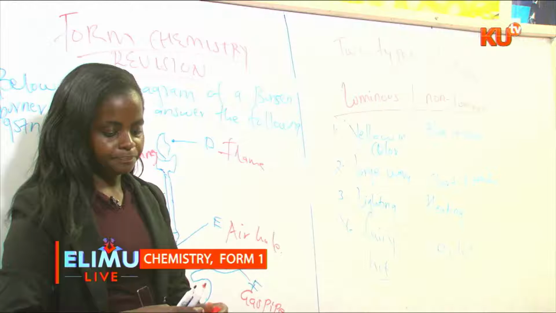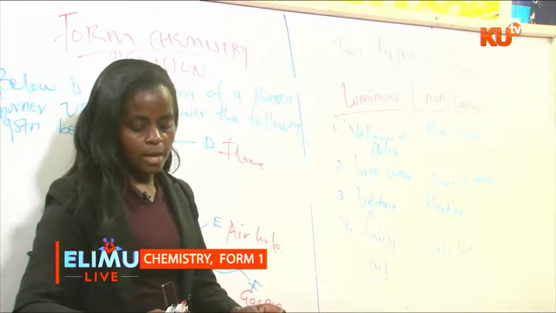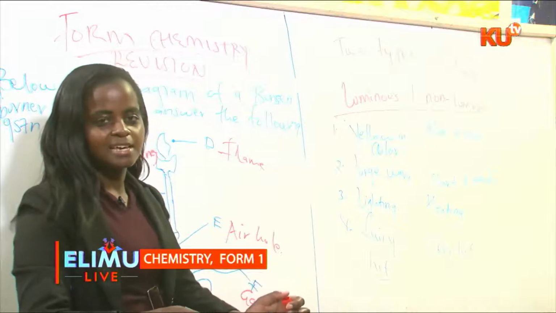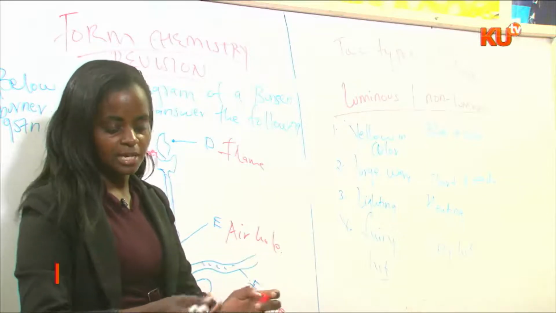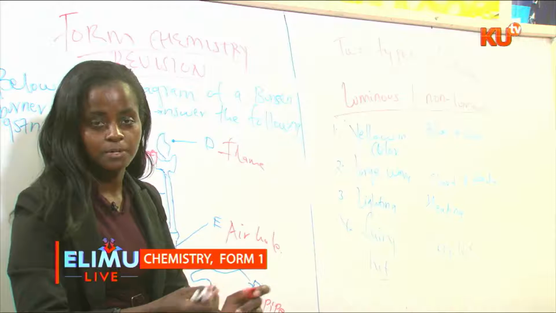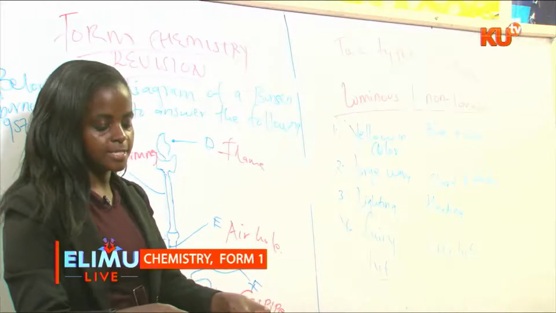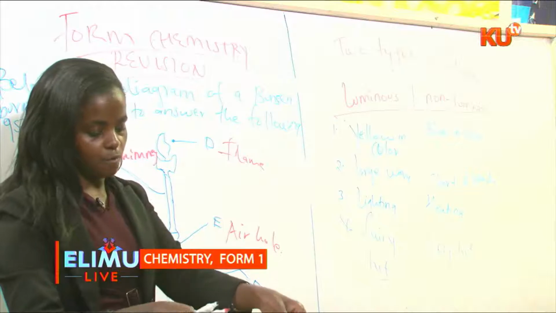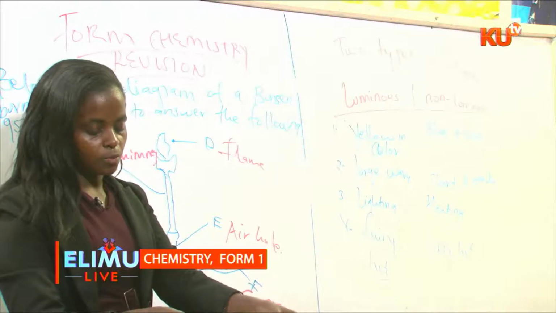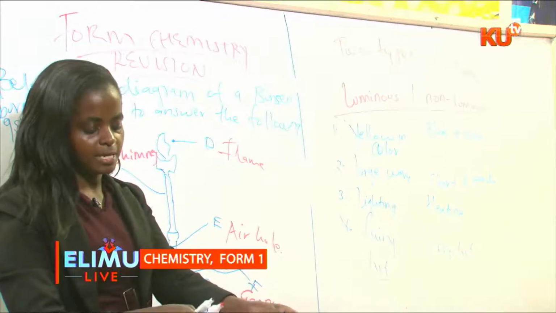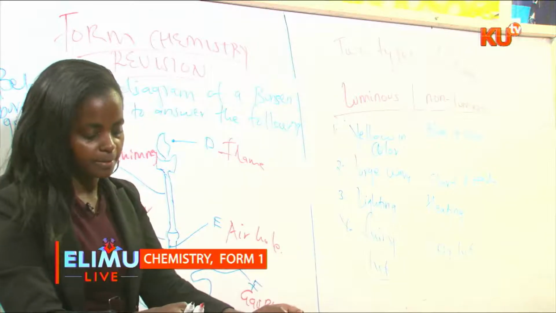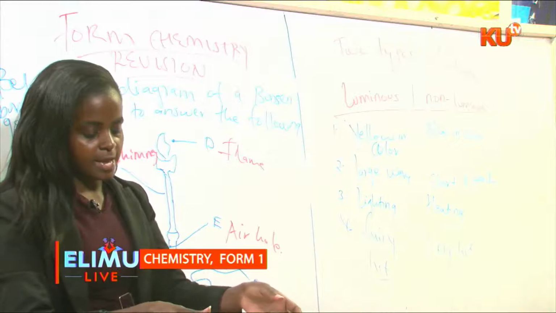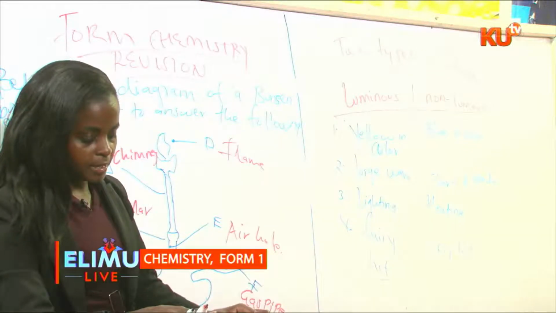Now, you can also be asked their uses. How is a luminous flame used and how is non-luminous flame used? That is what I've already mentioned, that you can say a non-luminous flame is used for heating, while the luminous is used for lighting, the same as we said, a candle and a cooking vessel.